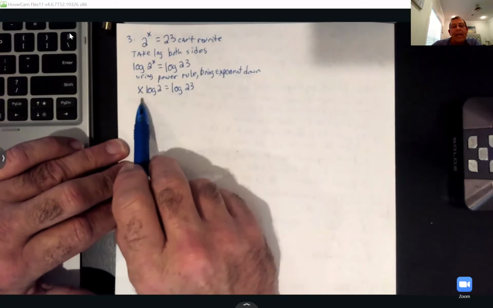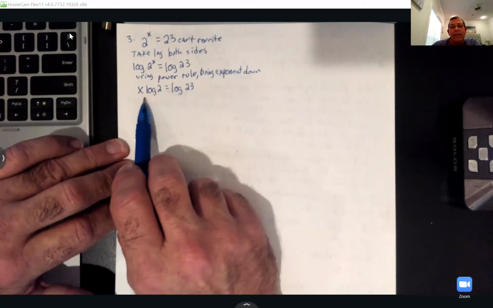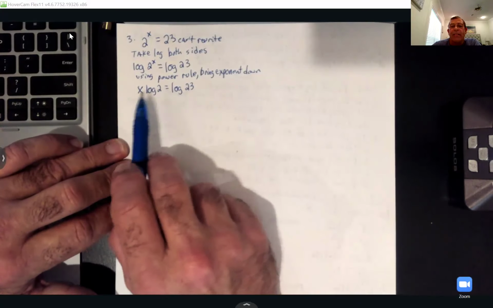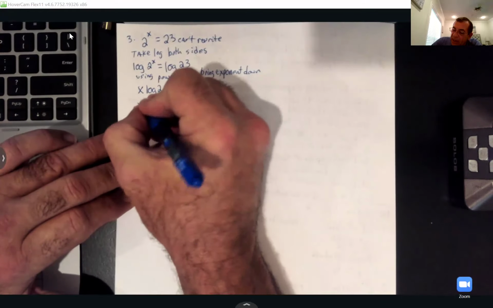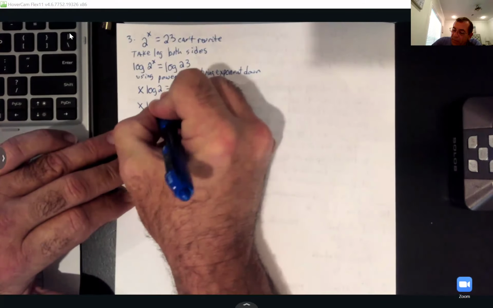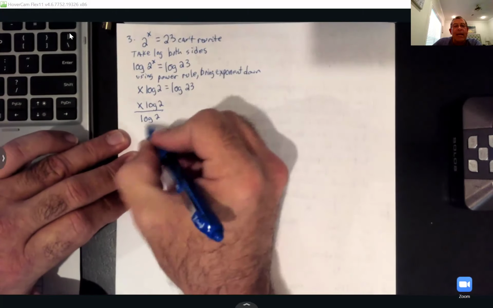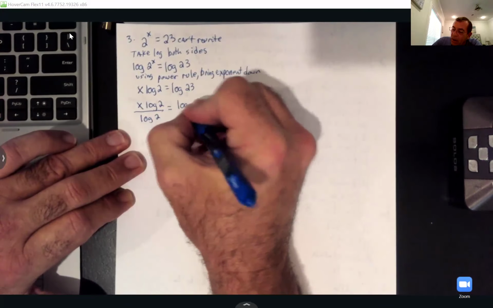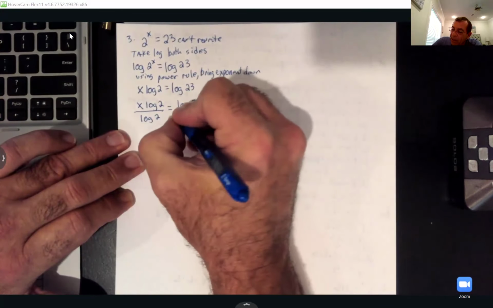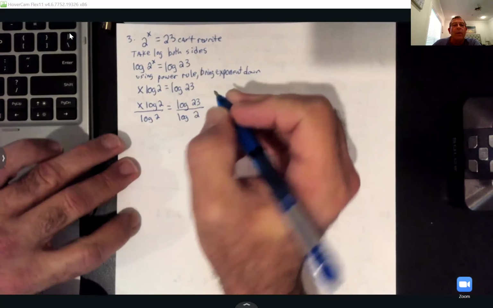All right, so I got x times log 2 equals log 23. At this time, I'm going to divide both sides by log 2. That'll get my x there all by itself. Because on the left side, those logs are going to cancel. And over here, I got a log of 23 divided by a log of 2.